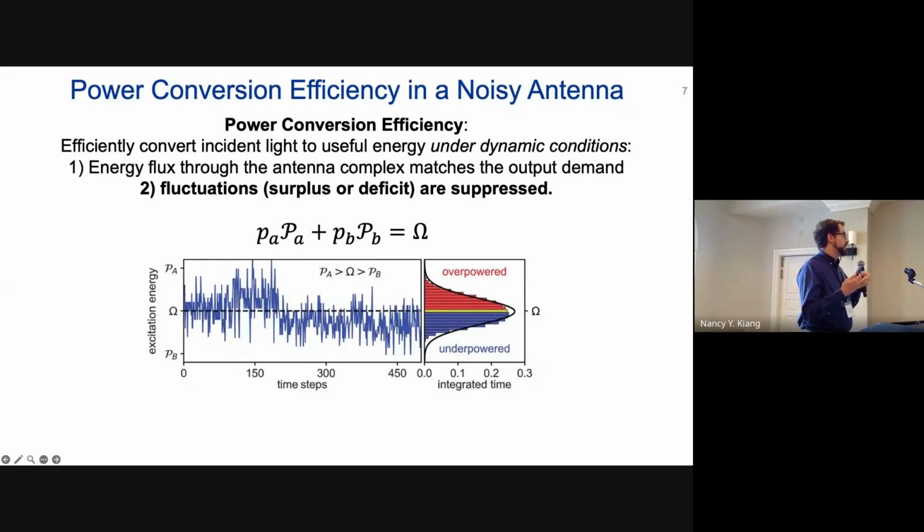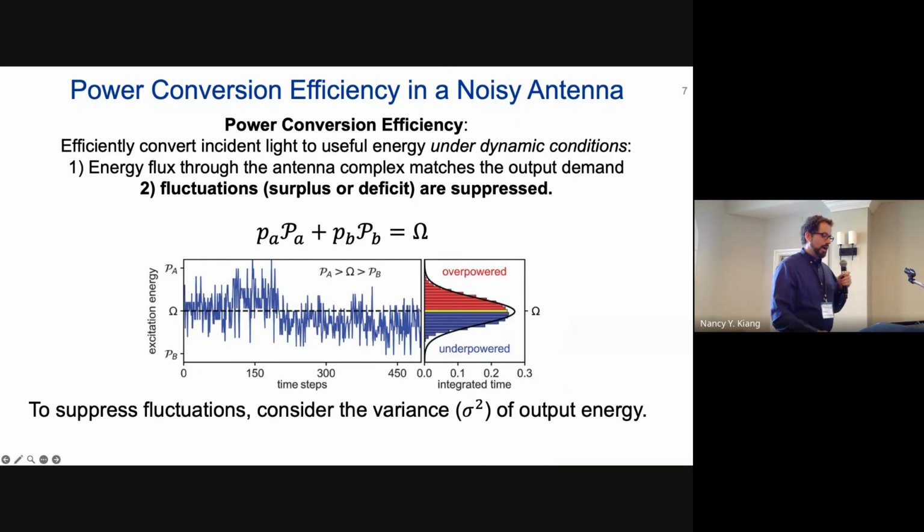But the reason that I'm constructing this in a probabilistic way is that as we're thinking about power coming into the system, we're thinking about a statistical distribution of energy coming in. I'm illustrating that numerically in a simple case where it just ends up being Gaussian. This second condition, power conversion, is saying that I want to avoid being overpowered or underpowered, which is to say that I need to worry about the scale of the variance of this distribution.